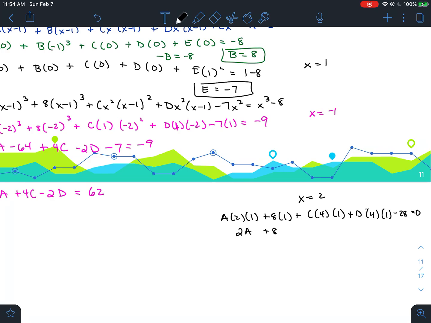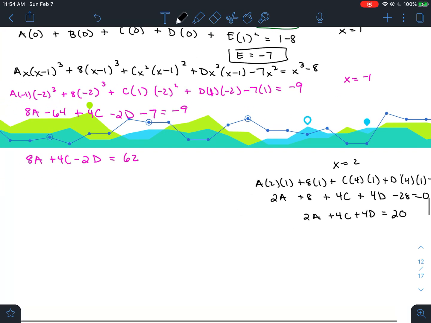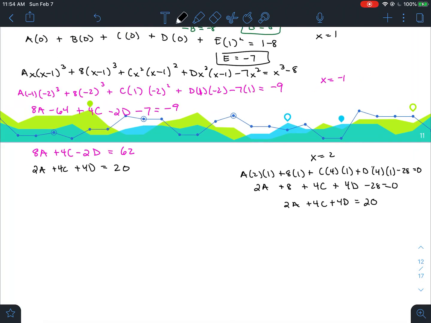So I get 2a plus 8 plus 4c plus 4d, that's minus 28 equals 0. So I get 2a plus 4c plus 4d is going to equal 20. So there's another equation in my system: 2a plus 4c plus 4d equals 20.